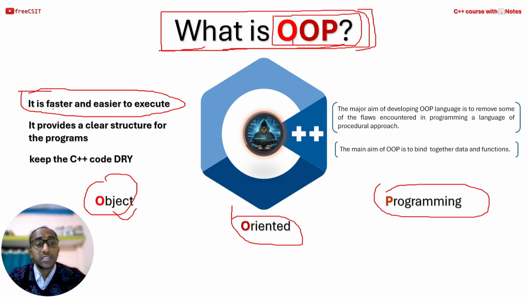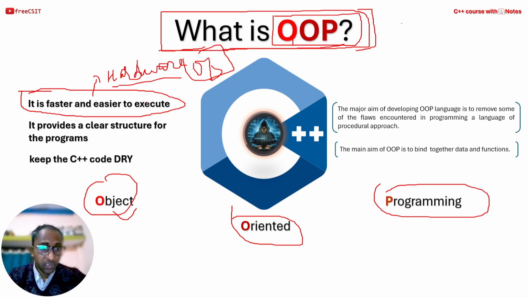It is very fast because it is nearer to the hardware and operating system, and it provides a clear structure for the program. It means the code that you write in the OOP concept is very clear. I will show you the code, how we write the code in OOP.